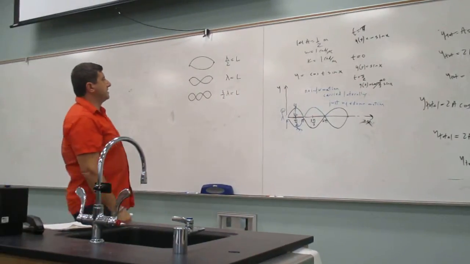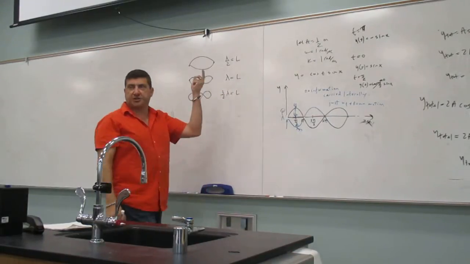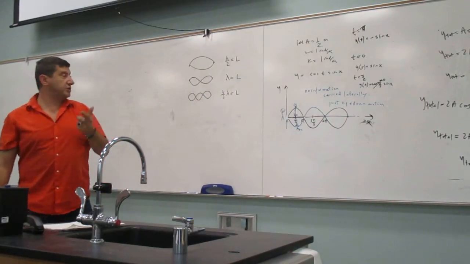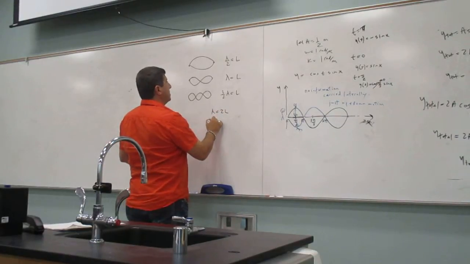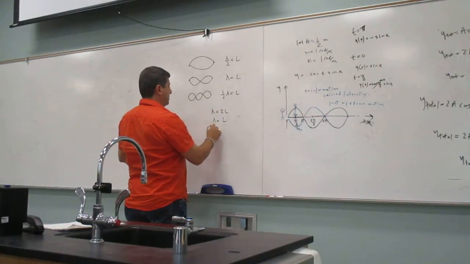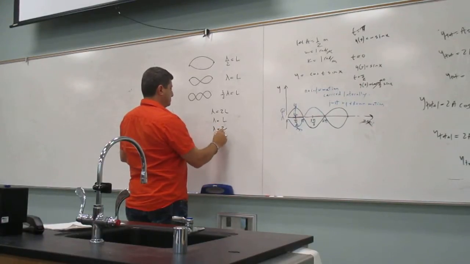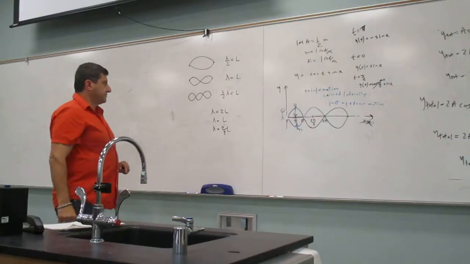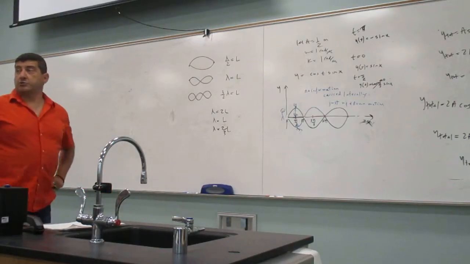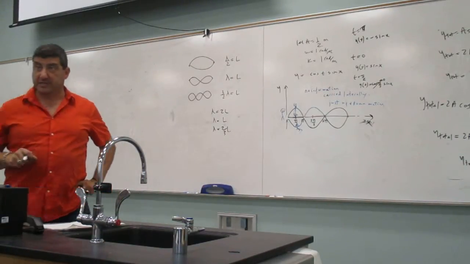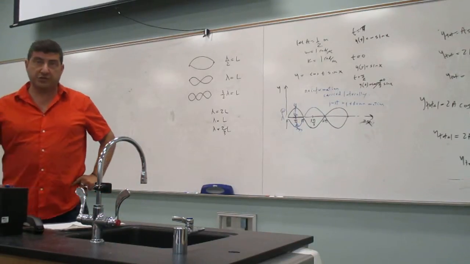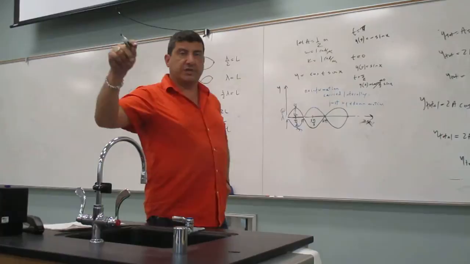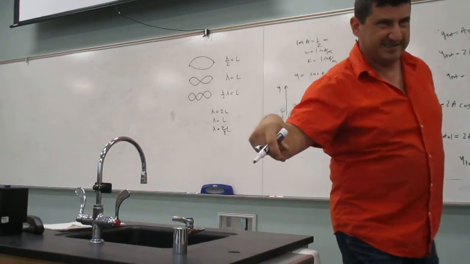So that means the condition, now we can generalize it again. How do we generalize that? We say lambda is equal to 2L, lambda is equal to L, lambda is equal to 2/3 L. Now, give me a general formula that will give me the conditions that a wavelength has to equal using the letter n, the integer.